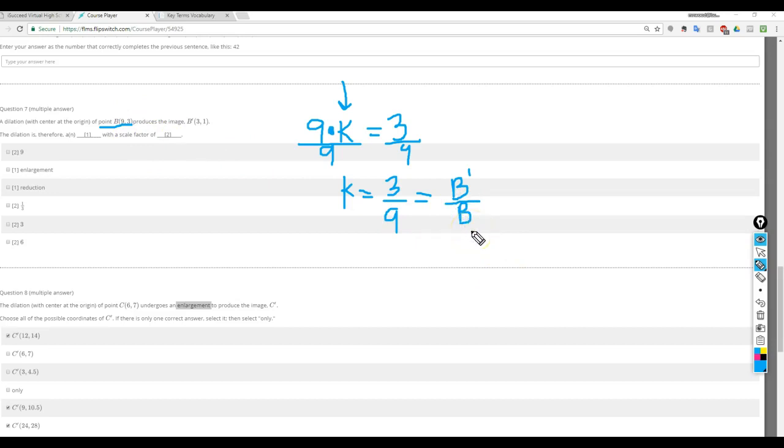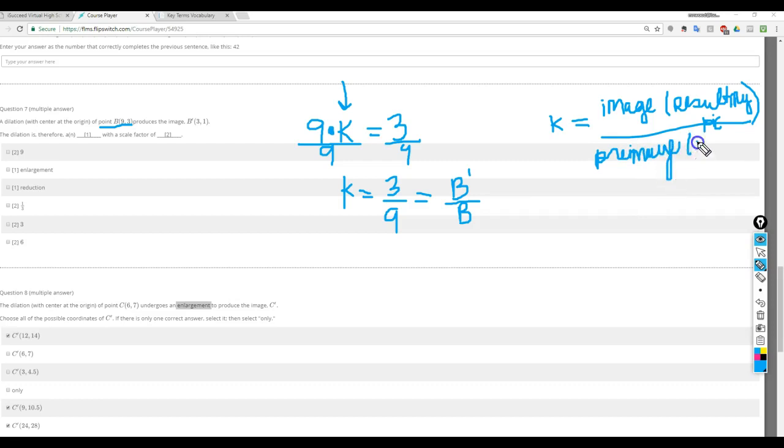Now, if I look back at how I set it up, I'm going to remember that 3 was from my B prime, or my image, the resulting image, and 9 was from my original. So if I was going to write it in my notes, I'd say scale factor is equal to k equals the image, which is our vocab, and I would put in parentheses the resulting picture, divided by preimage, which is our original.